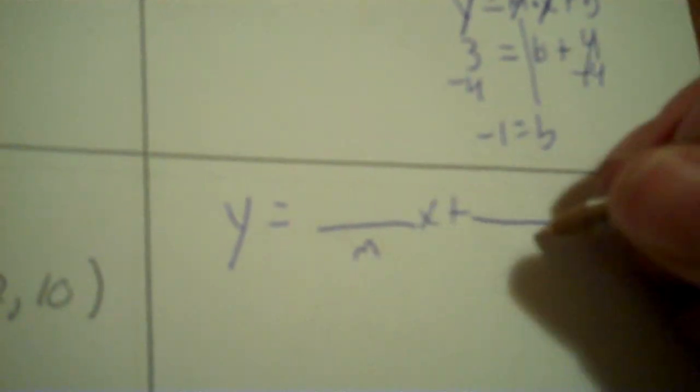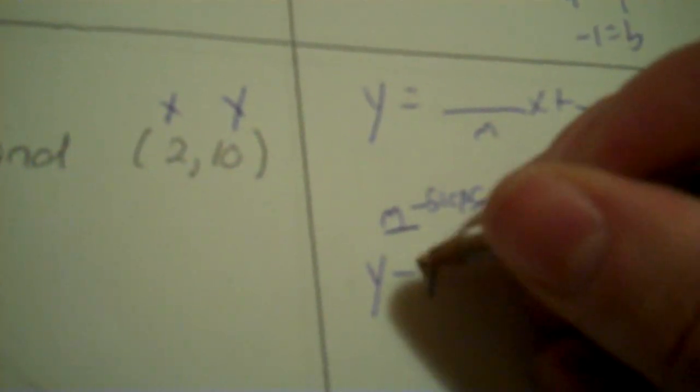Through (-1, -5) and (2, 10). So y equals blank x plus blank, m and b. M is the slope, b is the y-intercept. Now they didn't give me the slope. They gave me two points, but not the slope. The way I find the slope between two points is y minus y over x minus x.